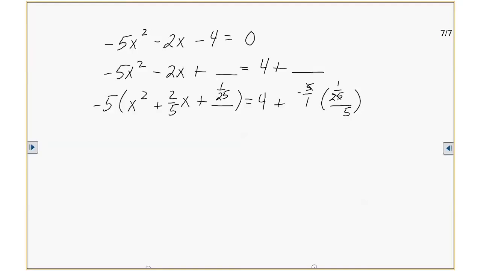So -5 times x plus 1/5 quantity squared is equal to 4 minus what?